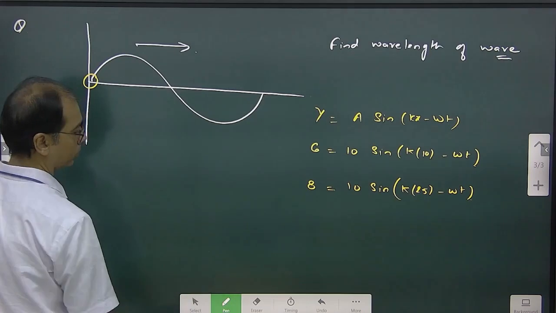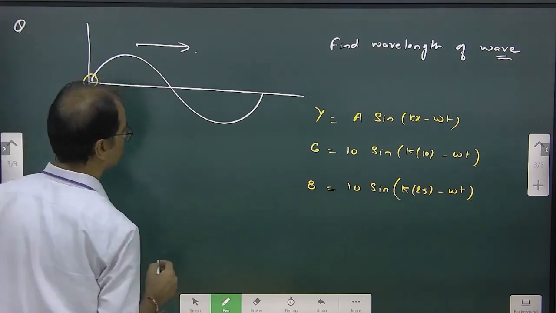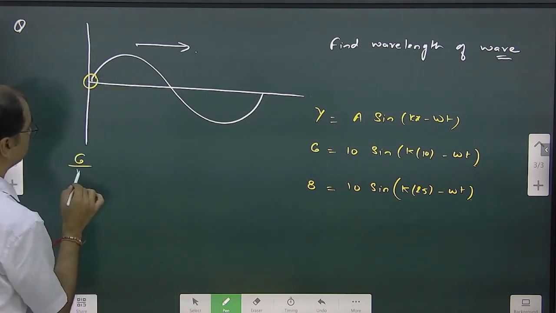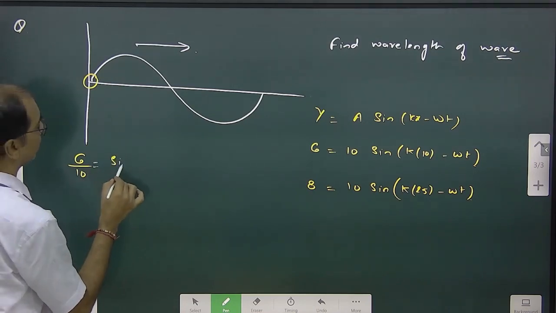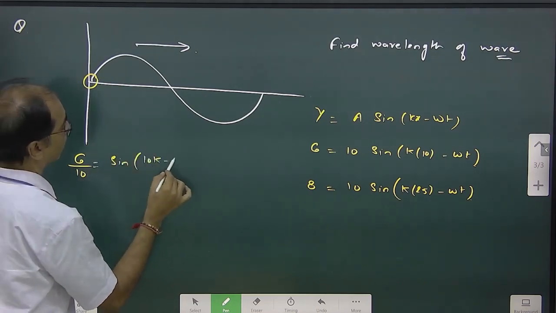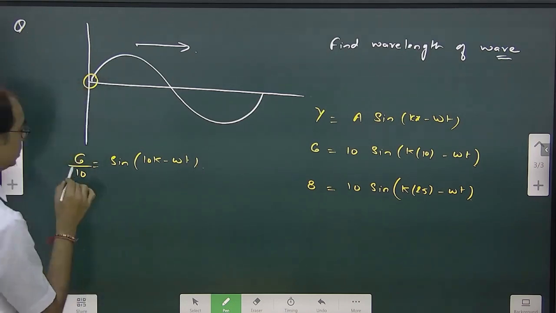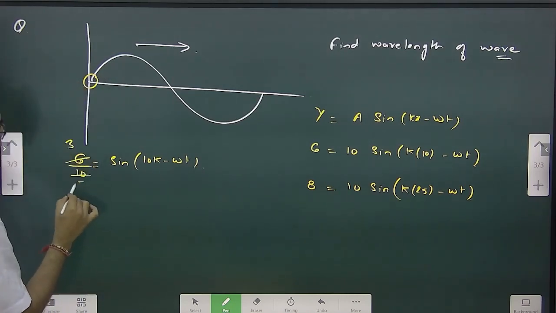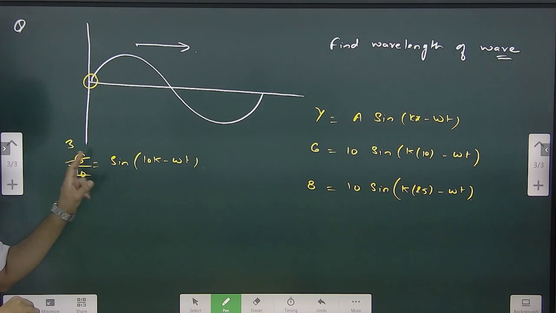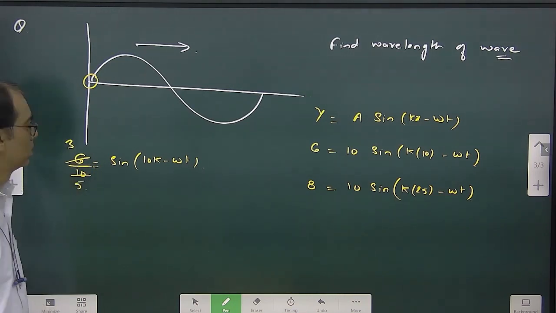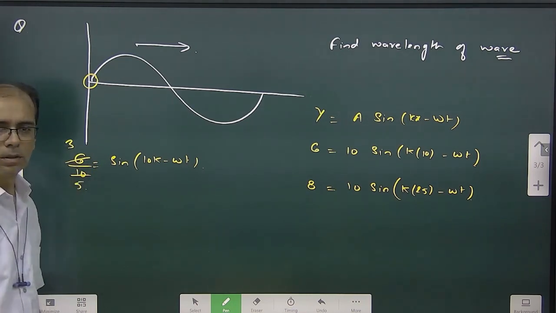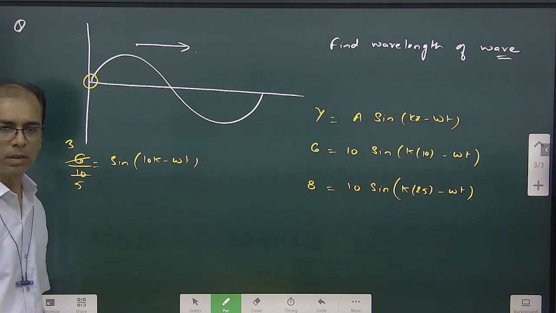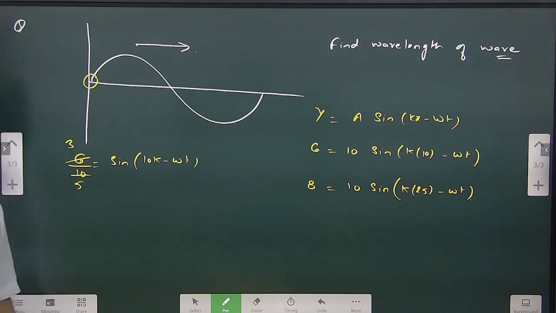Now what to do? Okay, from first equation I can write this as 6 by 10 equal to sine 10k minus omega t. 6 by 10 means 3 by 5. Sine inverse 3 by 5 means 37. Is it? Yes or no? Sine inverse 3 by 5 means 37 degrees.